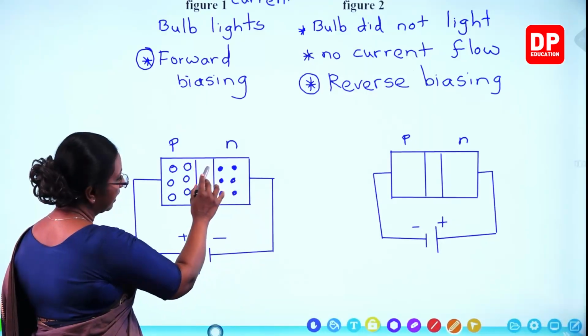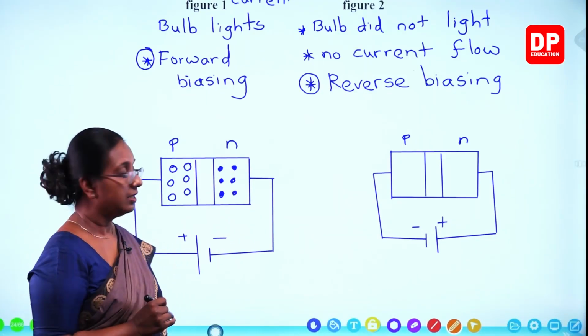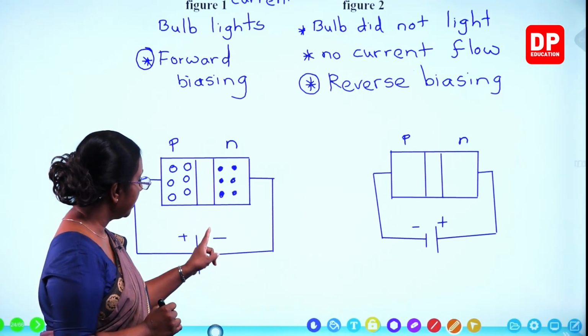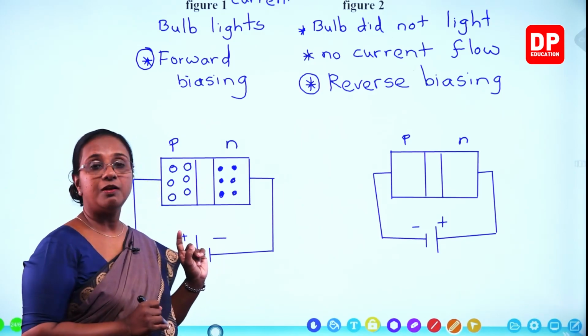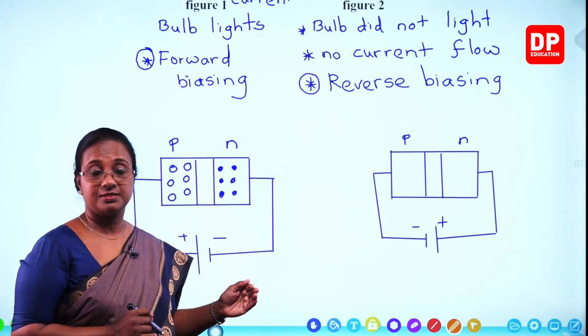Now, when the N region is connected to the negative terminal of the battery, this terminal has the ability to repel electrons.